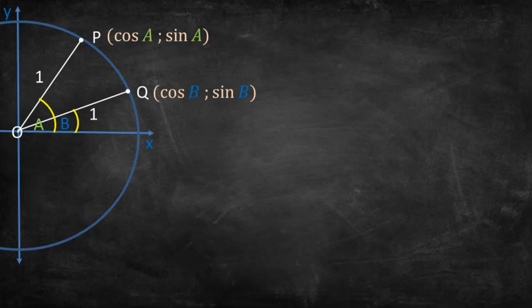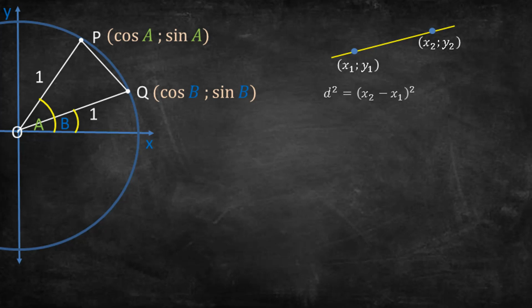Now that we have the coordinates of points P and Q respectively, we connect them with a line segment PQ. And we're going to use the distance formula to find PQ squared. Recall that the distance formula says that if we have 2 points on the line, x1, y1 and x2, y2 respectively, then the distance squared between them will be x2 minus x1 all squared plus y2 minus y1 all squared.